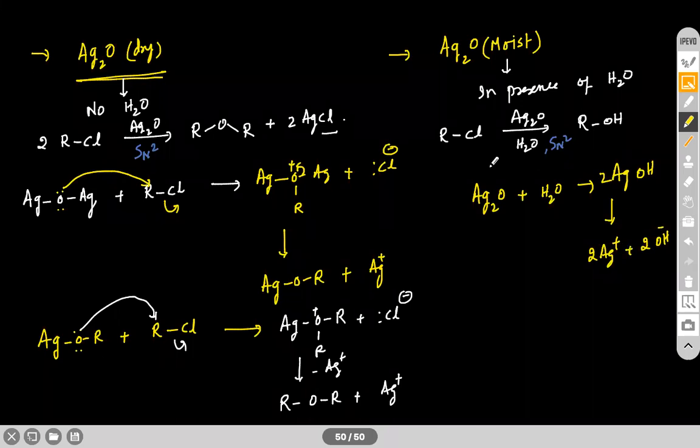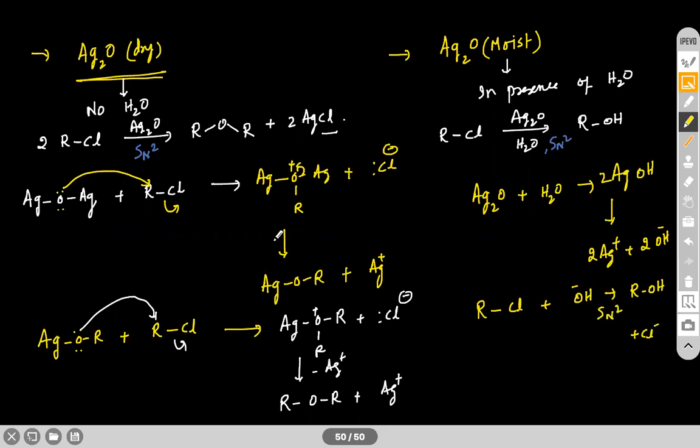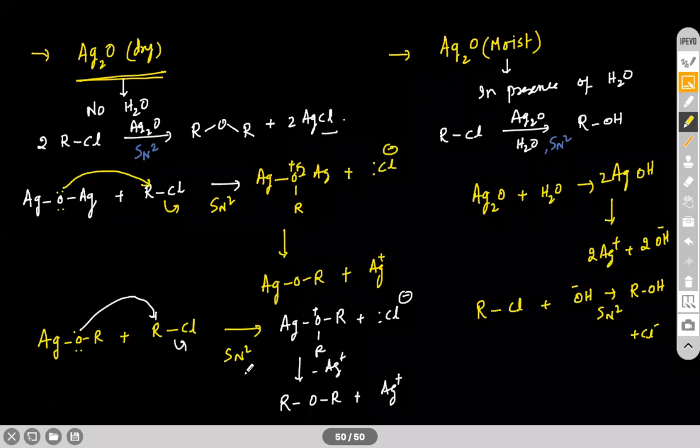This nucleophile attacks onto this RCl and gives ROH, and Cl minus goes out. This step is SN2. This is SN2. So we get alcohol when we have moist silver oxide, ether when it is dry.